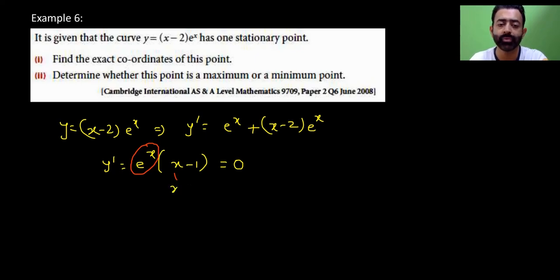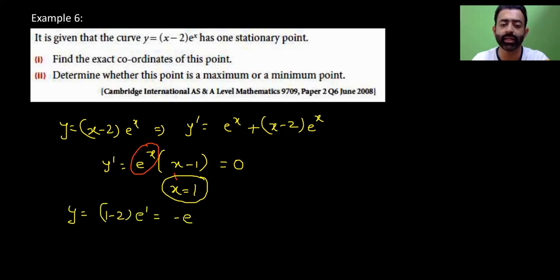So x equal to 1 is the x coordinate of the stationary point. The y coordinate is 1 minus 2 e raised to power 1, which is minus e. So the coordinates of the turning point are 1 comma minus e. Okay, this is the first part.